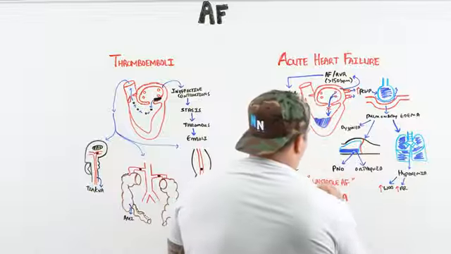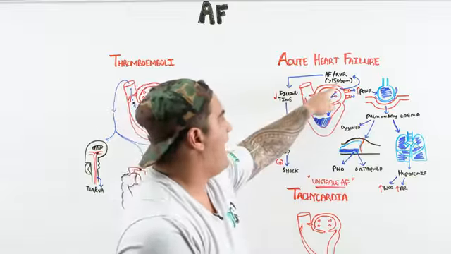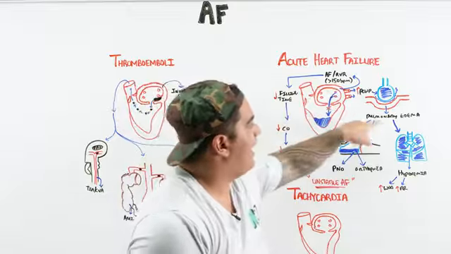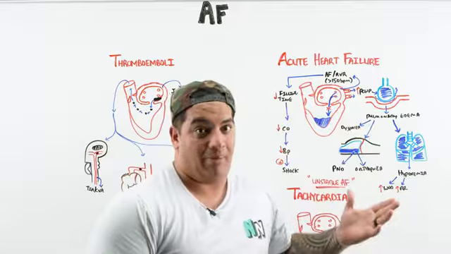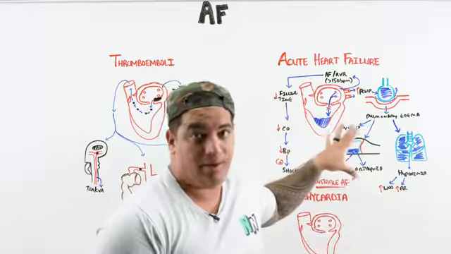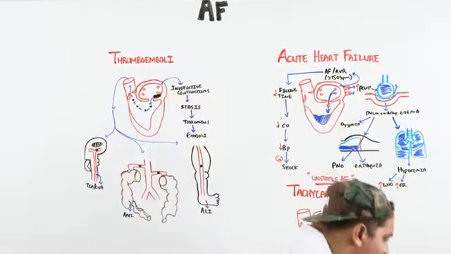And I think it's important to remember this terminology. If a patient's heart rate is super fast, they're hypotensive, having dyspnea, this is definitely a sign that they're not perfusing properly, and they should be shocked.